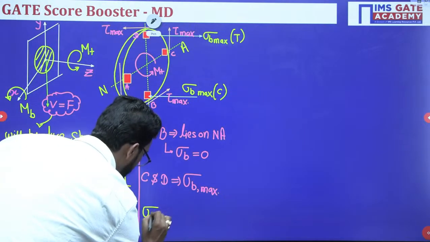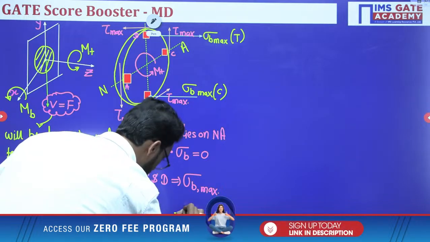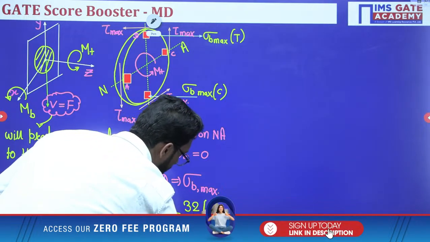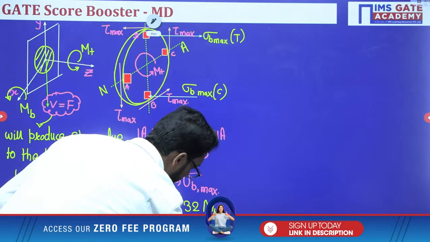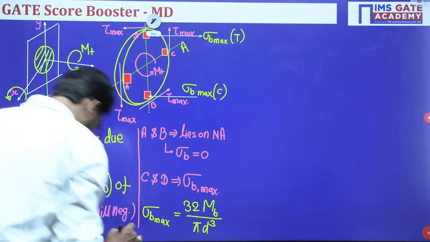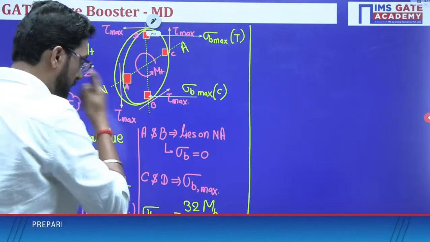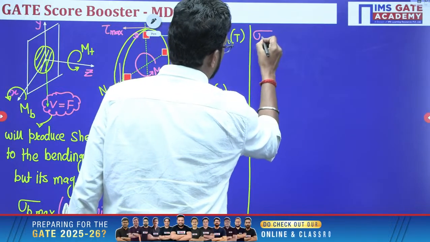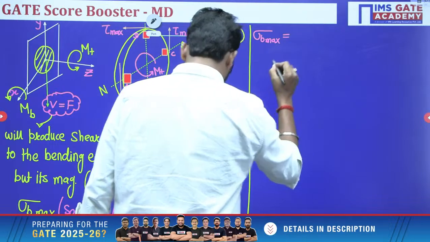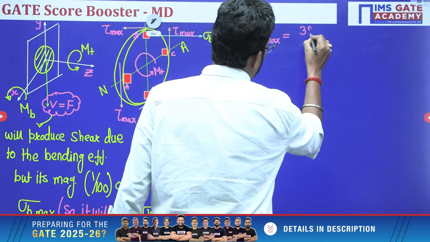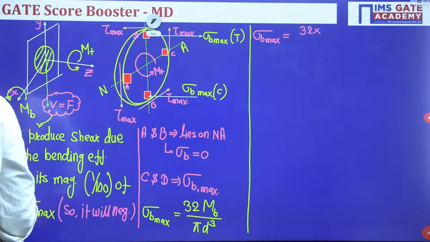We know that sigma B max is given by the formula 32 times bending moment divided by pi d cubed. So what is the bending moment? The bending moment will be produced due to this effect.